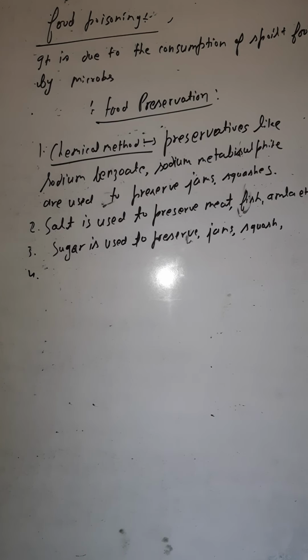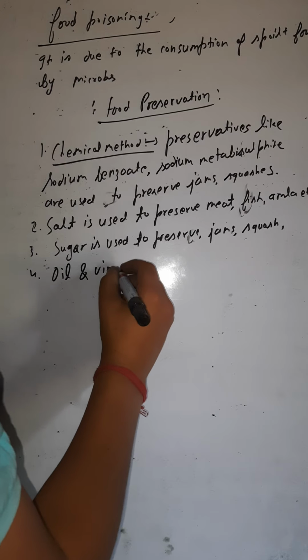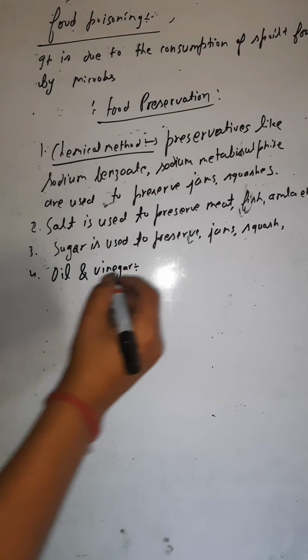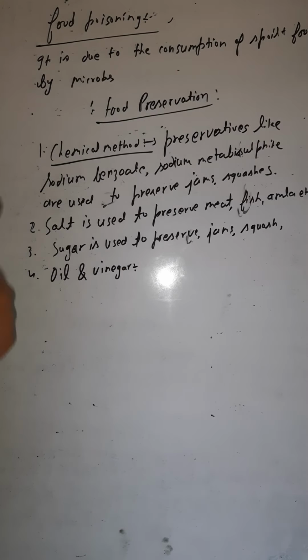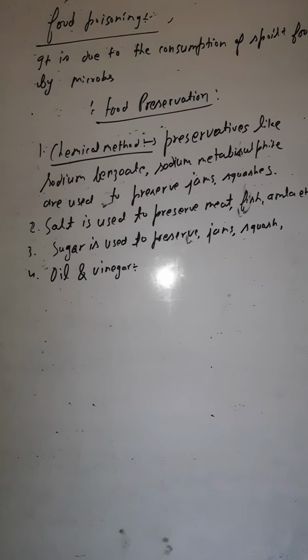One more thing we are using at home, that is oil and vinegar. Oil and vinegar are also used as preservatives, because there are some bacteria which cannot grow in the environment provided by oil and vinegar.